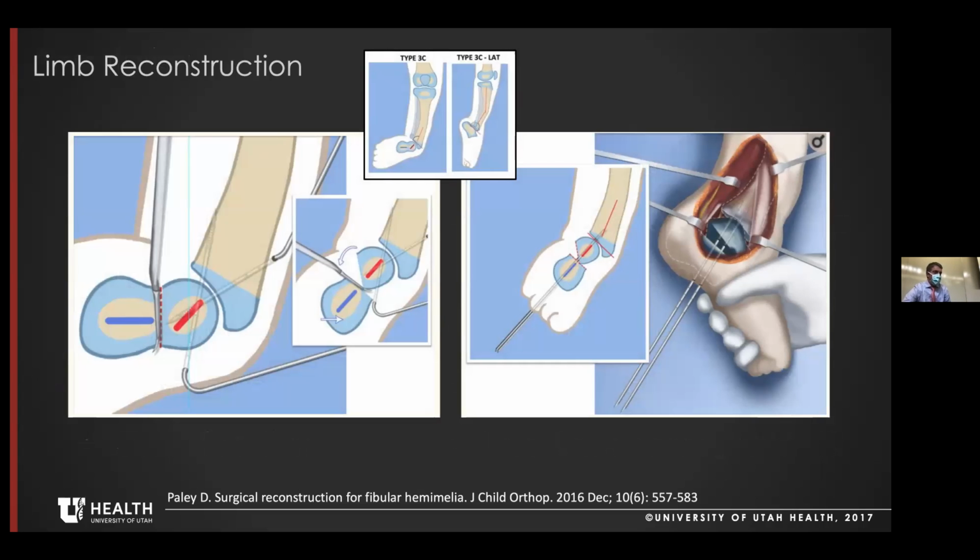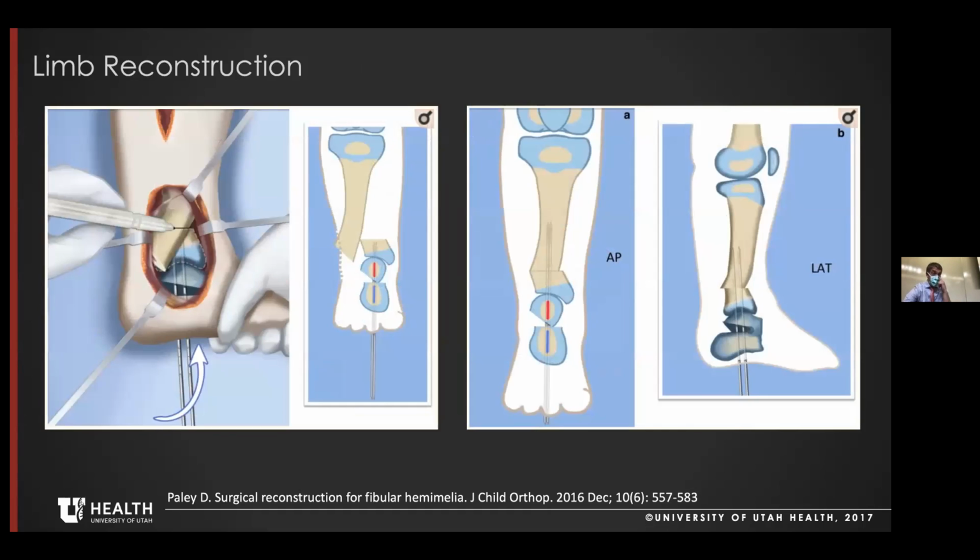So moving on to reconstruction, the specific steps depend on the exact deformity, but for this Paley type 3C with an absent fibula, a tibial bow, and equinovalgus deformity, you start with ankle and hindfoot reconstruction with takedown of the coalition and realignment and pinning.